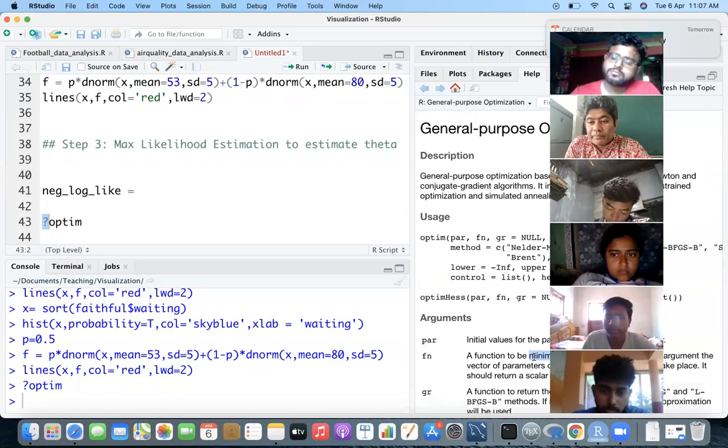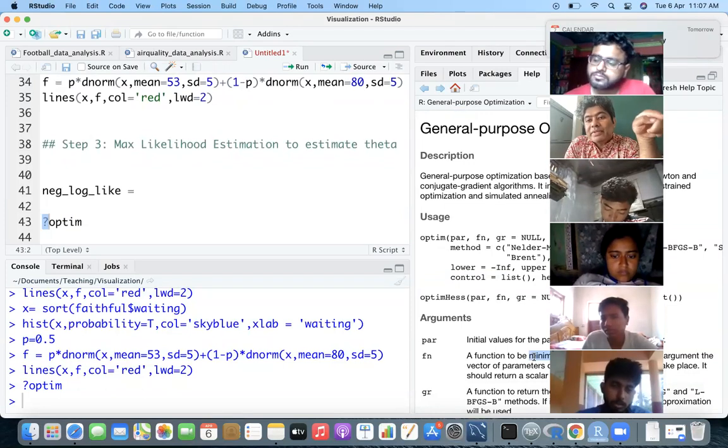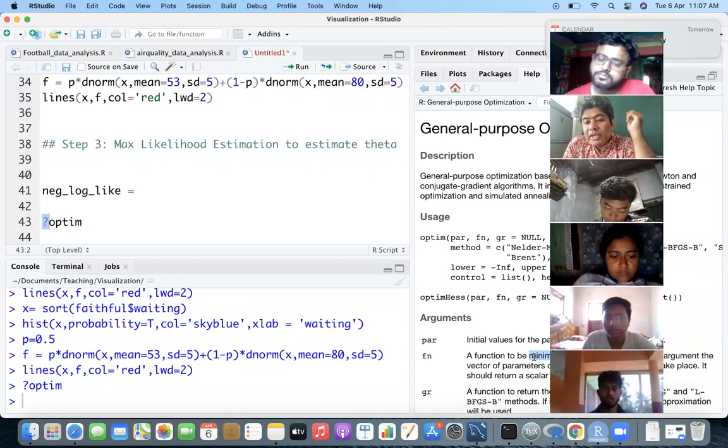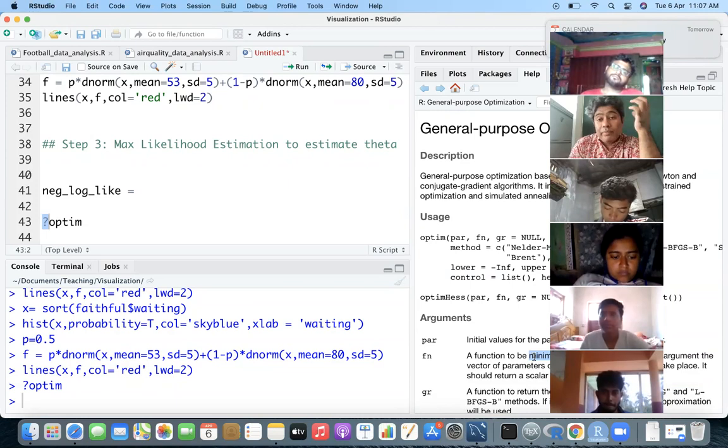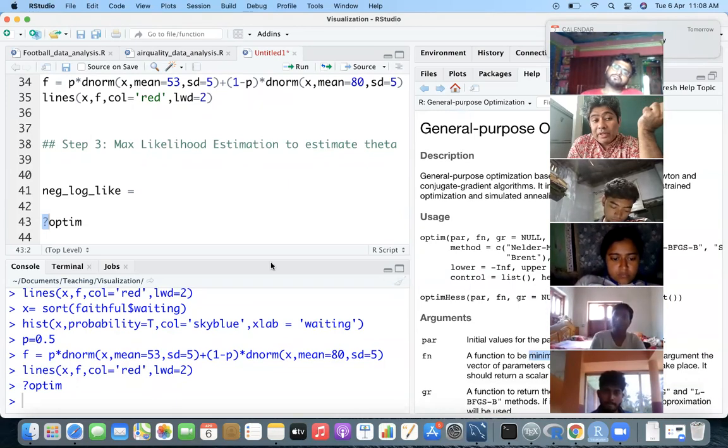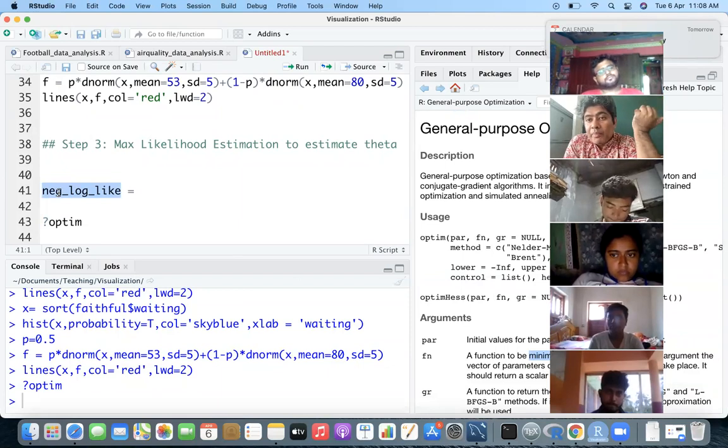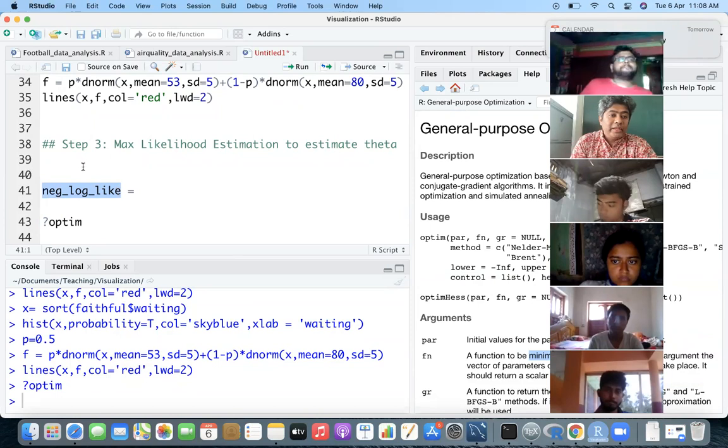So if I have to do a minimization, then I should provide negative log likelihood. Minimizing negative log likelihood is equivalent to maximizing the log likelihood. So let me write it down.